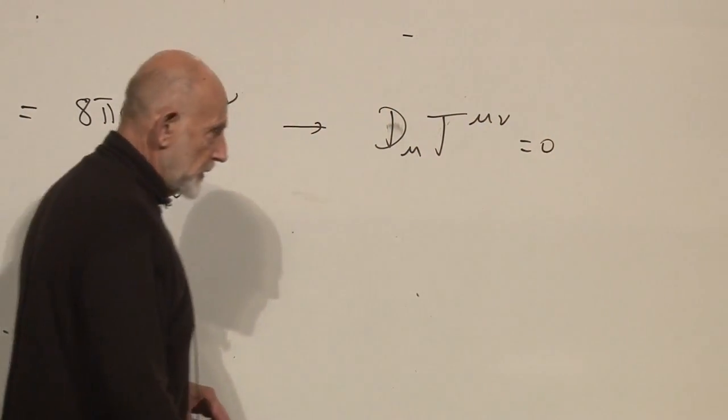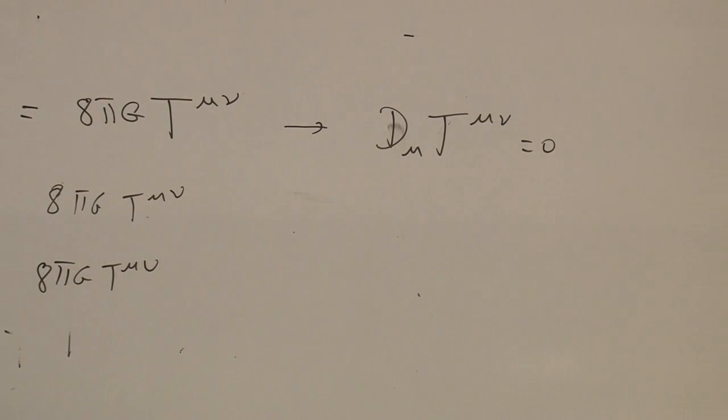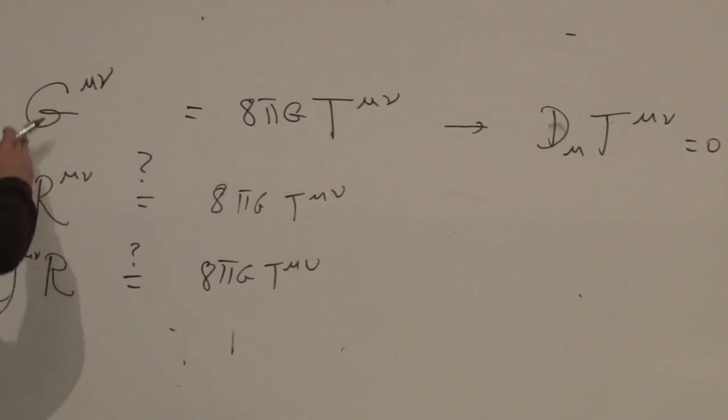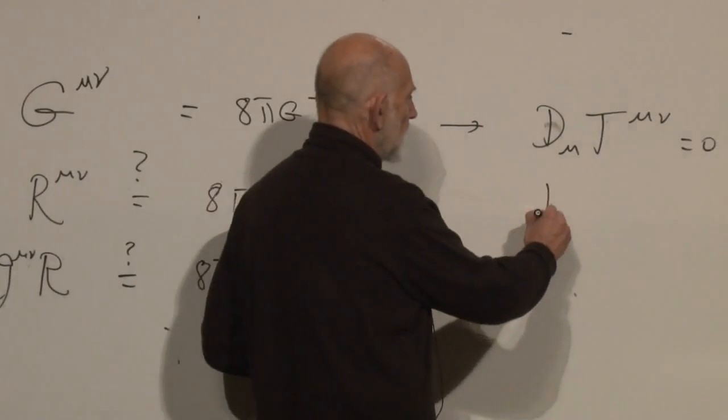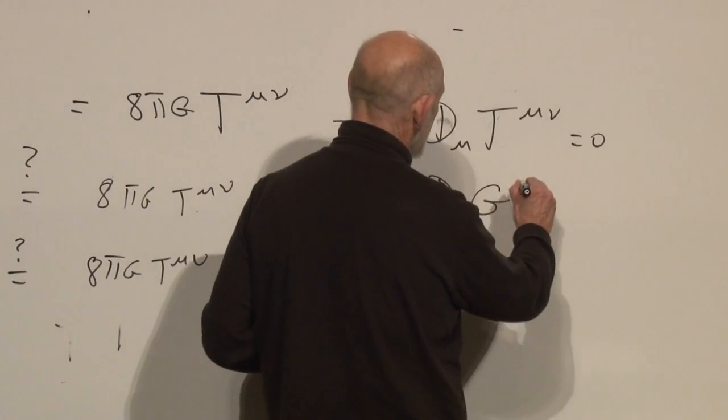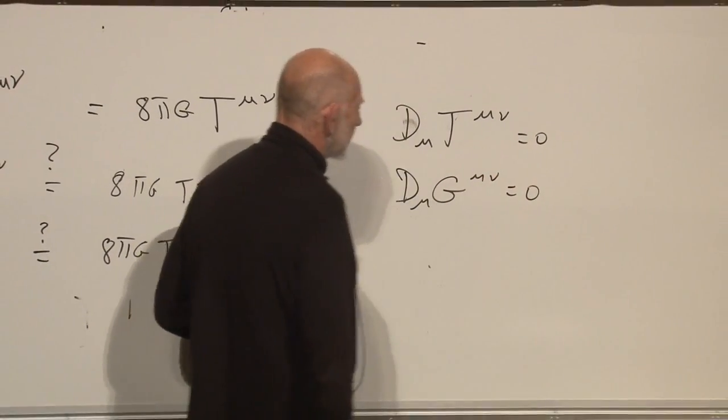That's the continuity equation, from which it follows that D mu of g mu nu is equal to 0.